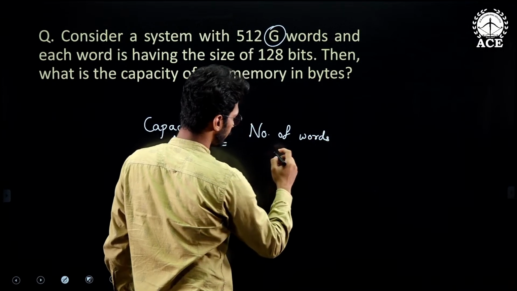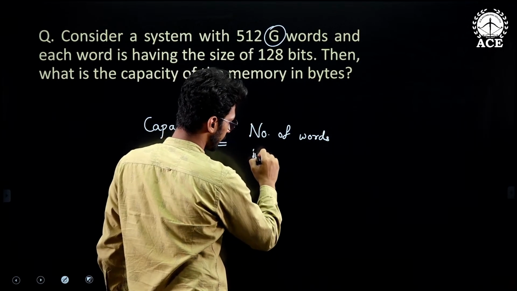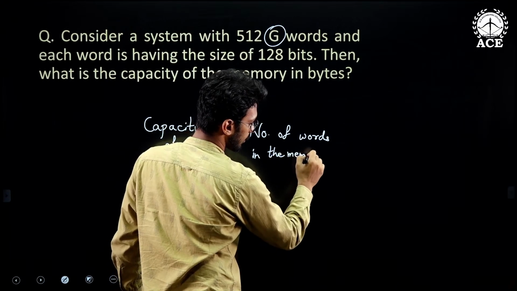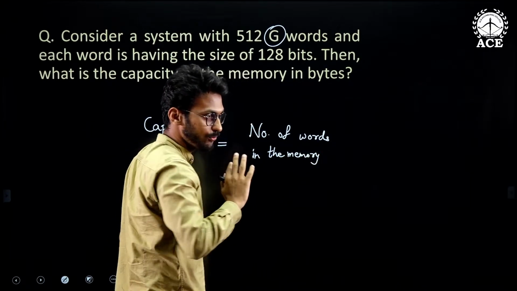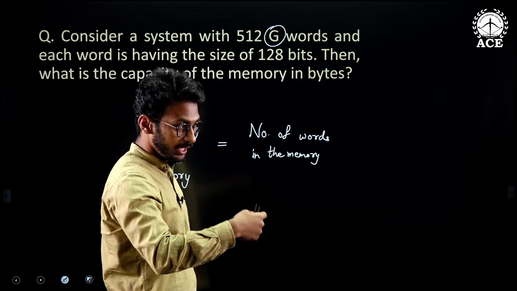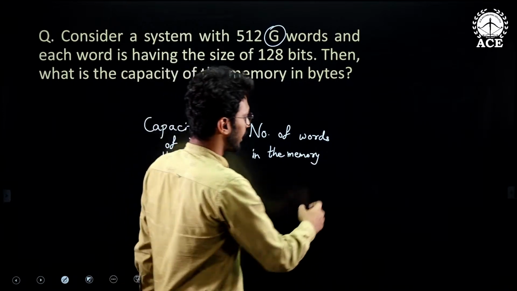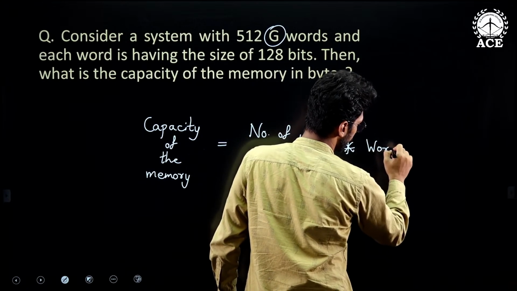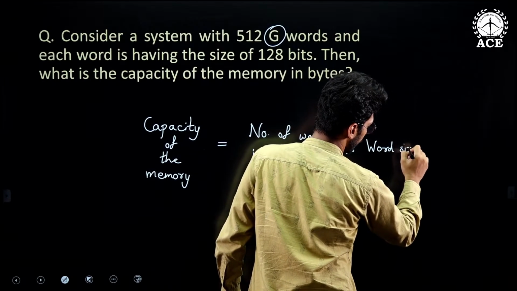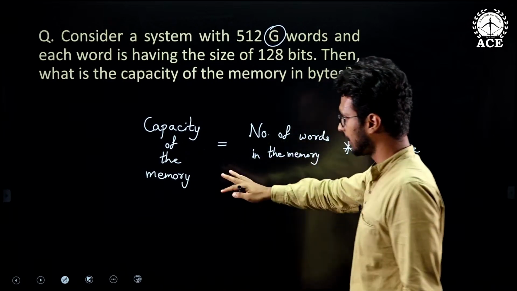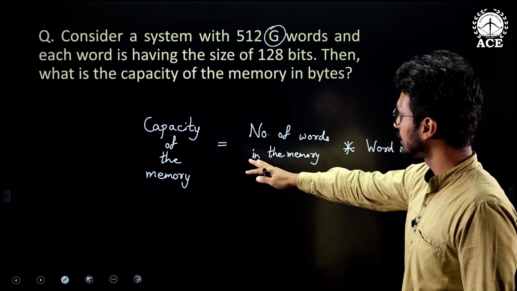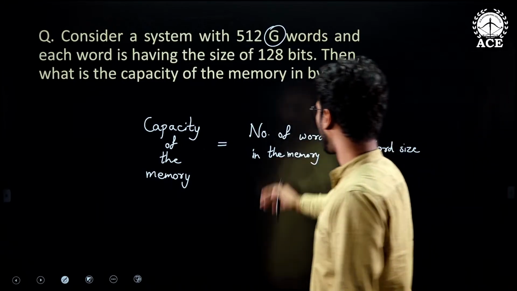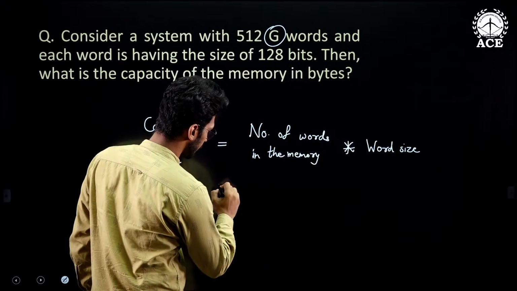See, these are the basics which you should know. How many words are there? And each word is of what size? Just have a look at this formula properly. Capacity of the memory equal to number of words in the memory into word size.